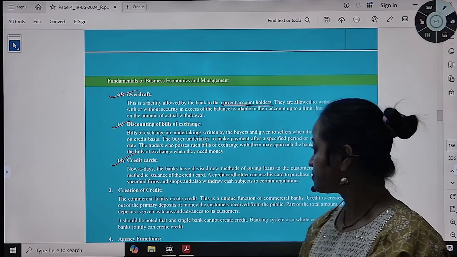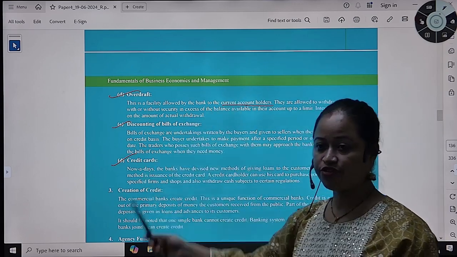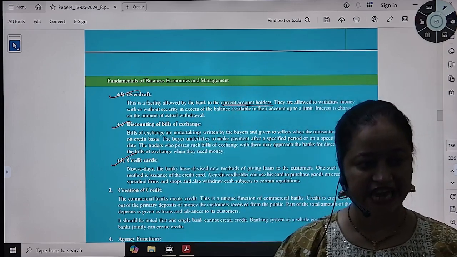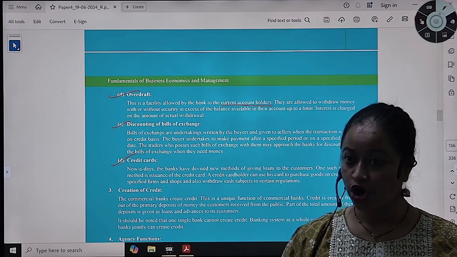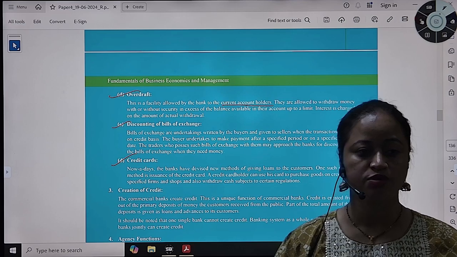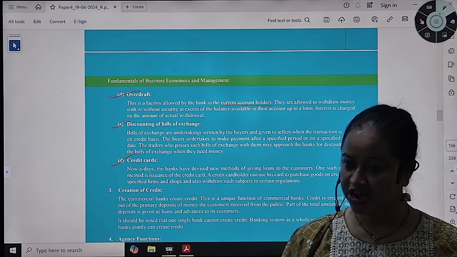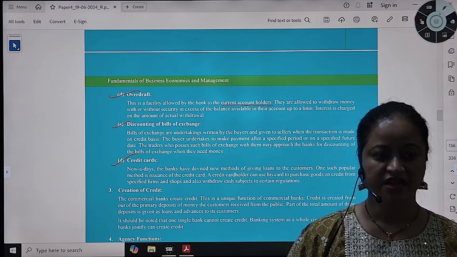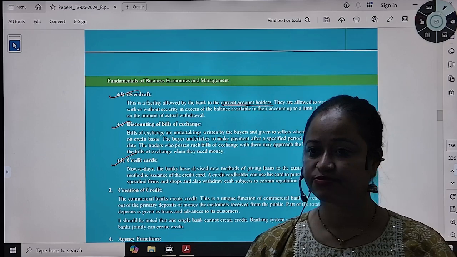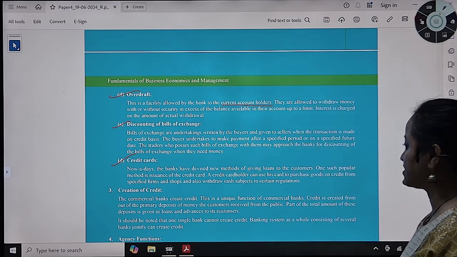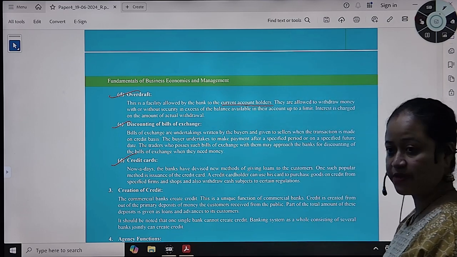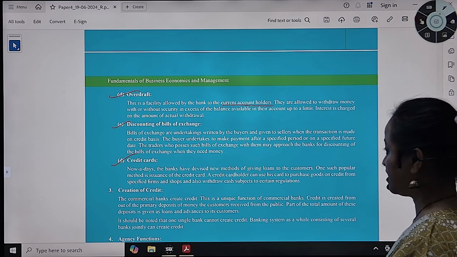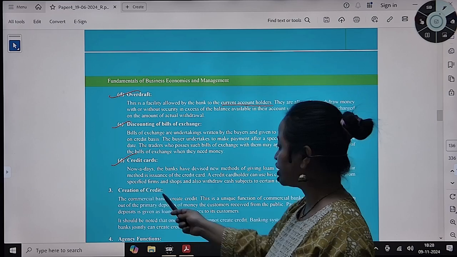And in case of advancing loans, you have studied cash credit, short-term loan, long-term loan, medium-term loan. Okay, then we have discounting of the bills, right, overdraft facility. So these are some of the types of loans that is provided by the bank to the customers. Clear? Okay.